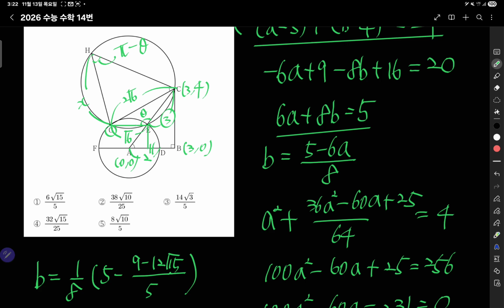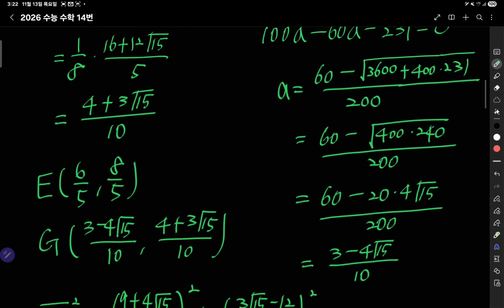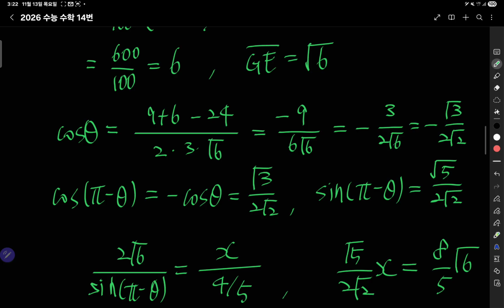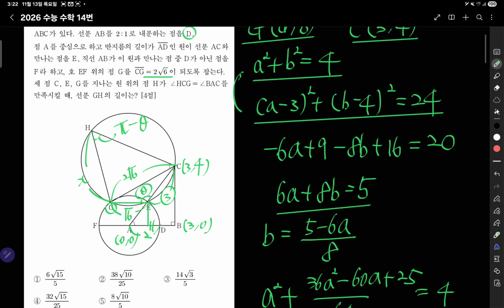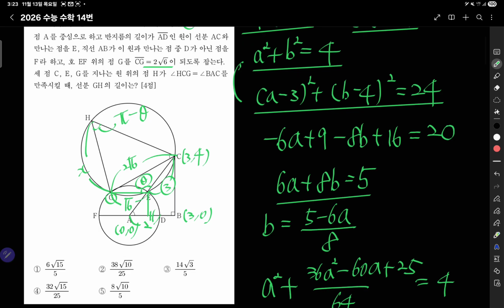And if we know the 3 side lengths, we can find the cosine value of this theta. So cosine theta is, using the side lengths, we can find this value. And because this quadrilateral is inside the big circle, the opposite angle is pi minus theta.